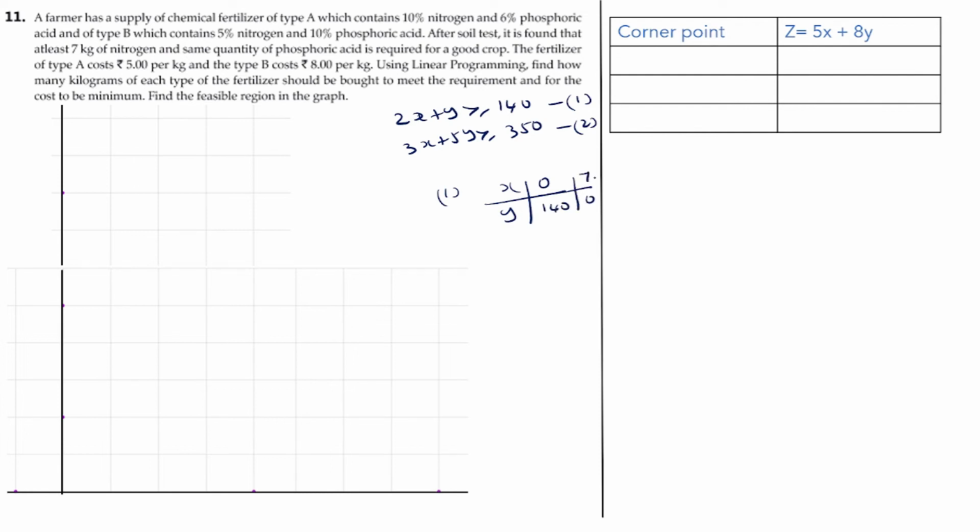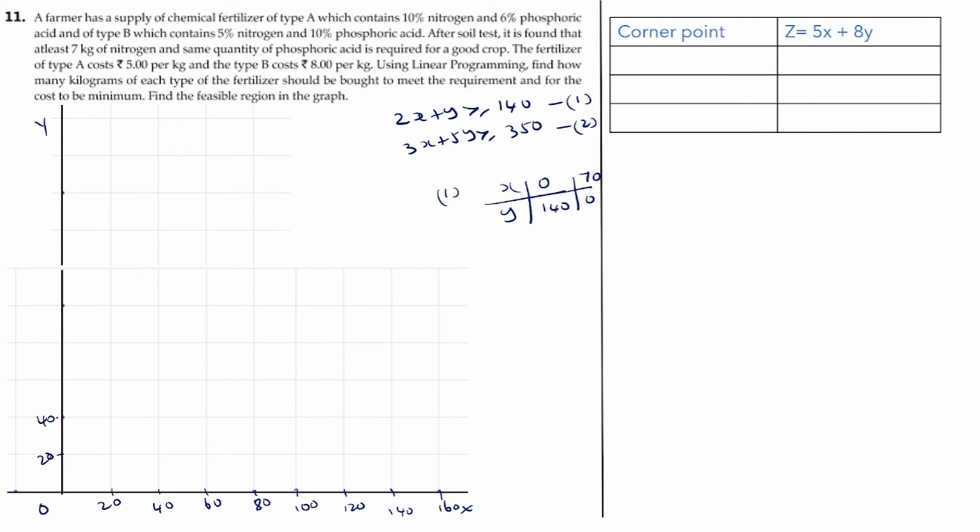When y is 0, x is 70. So let us take a graph sheet, mark the x-axis, y-axis. Let us take the units as 20, 40, 60, 80, 100, 120, 140, 160.